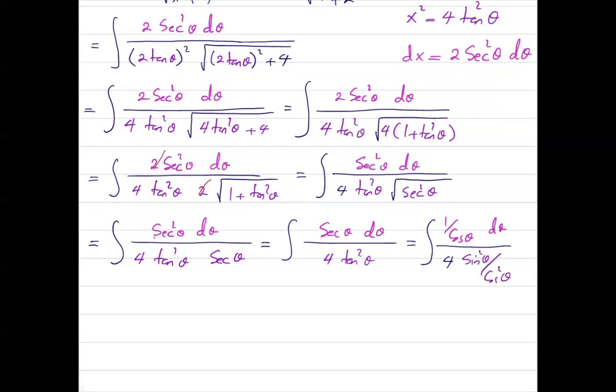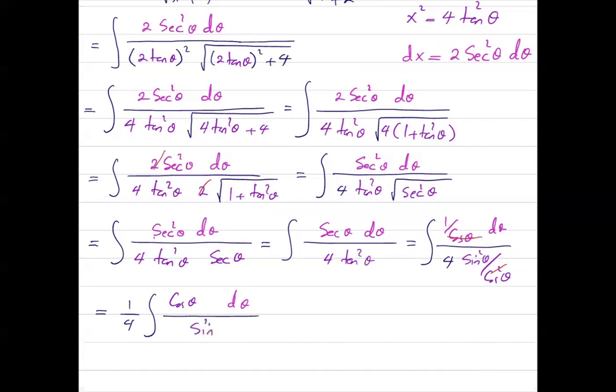But again, please pay attention, one cosine and the exponent get canceled out. So this can be written as 1/4 the integral of cosine theta d theta divided by sine squared theta.